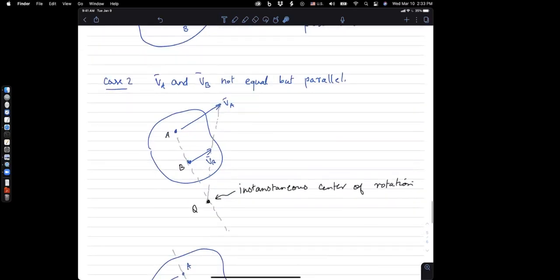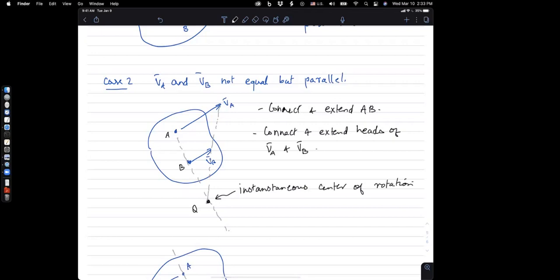And if they are unequal, then you can connect A and B and connect the heads of VA and VB where they intersect. So the algorithm is: connect and extend AB, connect and extend the heads, basically the tip of the arrow, of VA and VB, and then find the intersection.